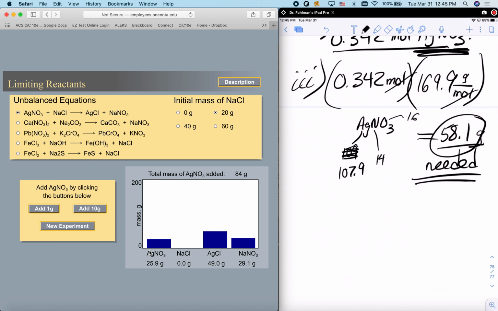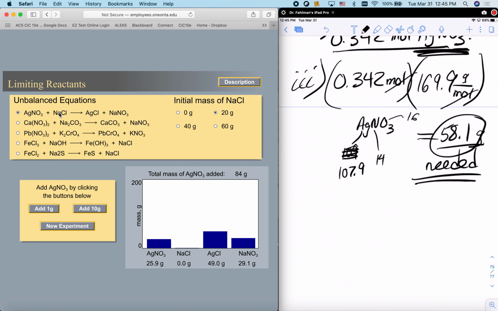And so this semester we're not going to do really anything with limiting reagents. It's just that when you have grams of both reactants, you would have to figure out which one is in excess, and then you use the other one. But we're not going to do those calculations.